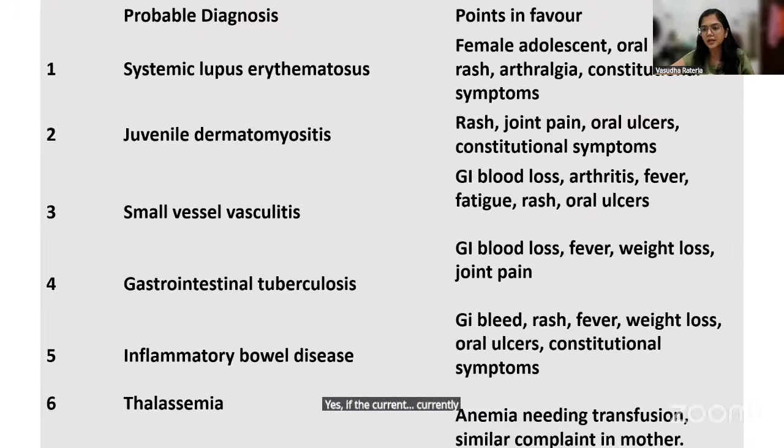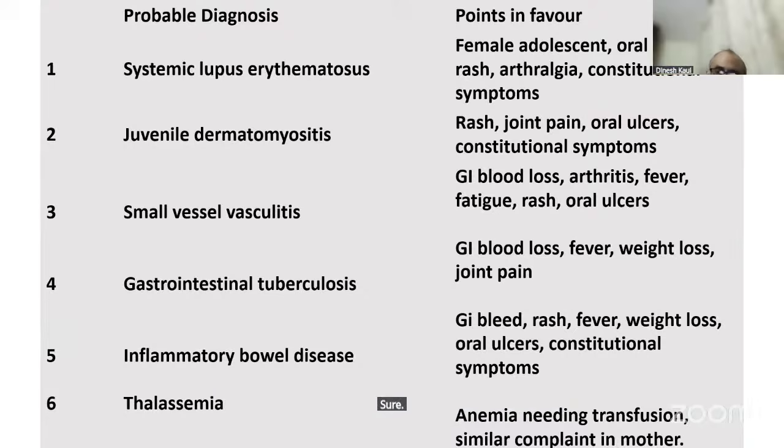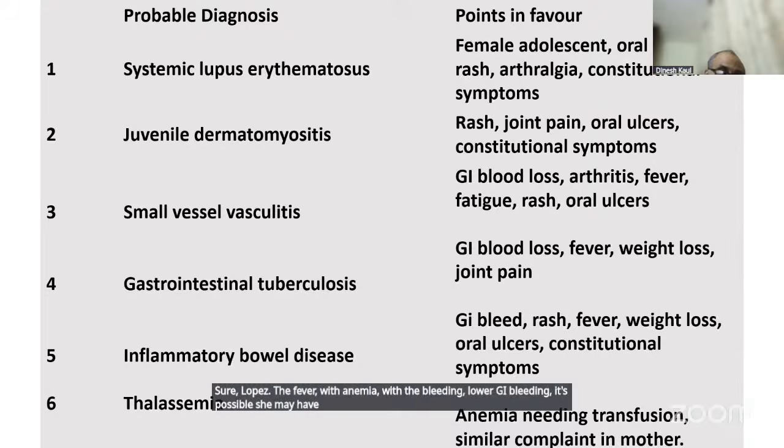Currently the presenting complaints are not in alignment with TB, but given the burden of TB, we always have to consider it as one of the differentials. With fever, anemia, and lower GI bleeding, it's possible she may have an IBD. TB or IBD could have very mimicking presentations from the GI point of view. Okay, go ahead.